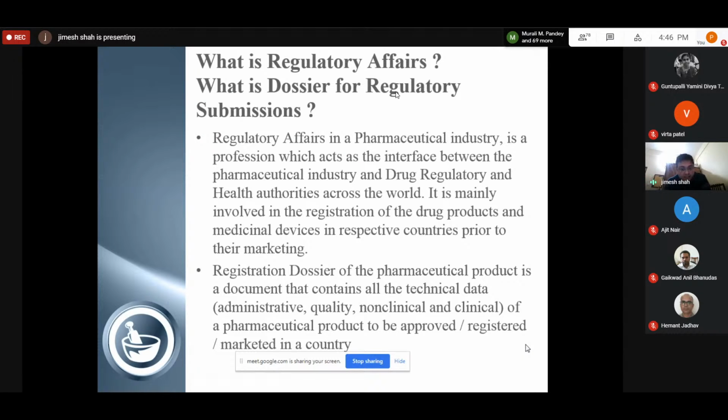So a dossier is nothing but a combination of all administrative, quality (that is CMC), non-clinical, and clinical data. When all the documents come together, it becomes a dossier. So these are the basic challenges: when we file the dossier, administrative, quality, non-clinical and clinical data should be available at one time. These are the definitions of regulatory affairs and the dossier requirement.